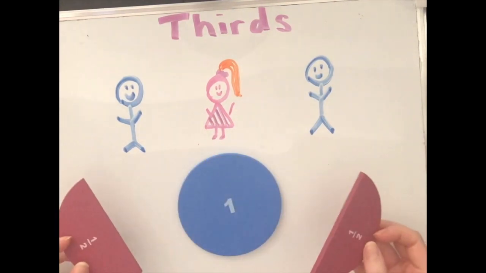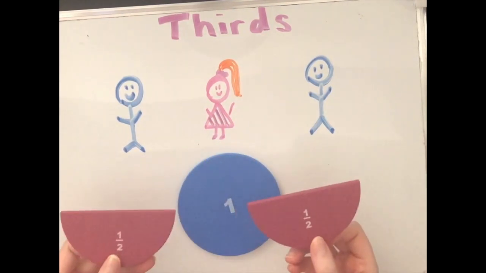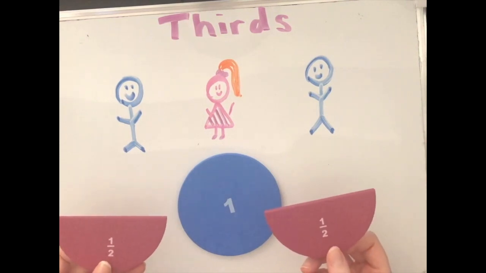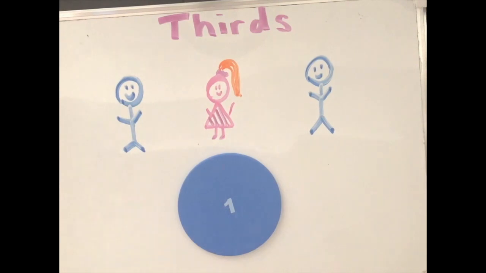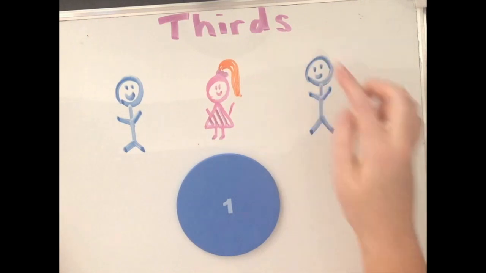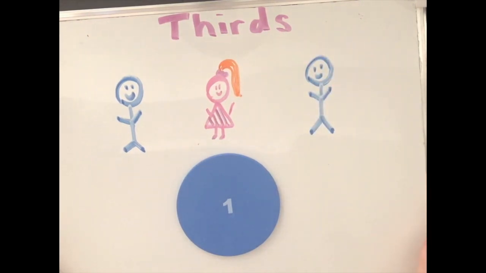No, this will not work because halves are only 2 pieces. That means Katie will not have any pizza. We need to find a fair and equal way to split the pizza into 3 pieces. And these pieces are called thirds. When we split anything into 3 equal pieces, each part is 1/3.